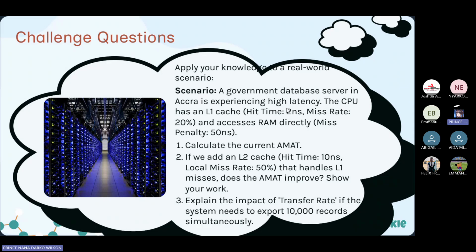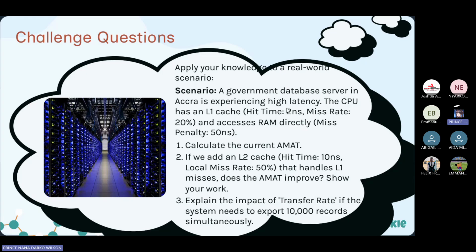The 0.2 is the 20%. 20 times 50 is 1,000, right? However, 0.2 times 50 gives 10, not 100. So we have our 2 plus our 10, and that gives us 12 nanoseconds. So you are correct.